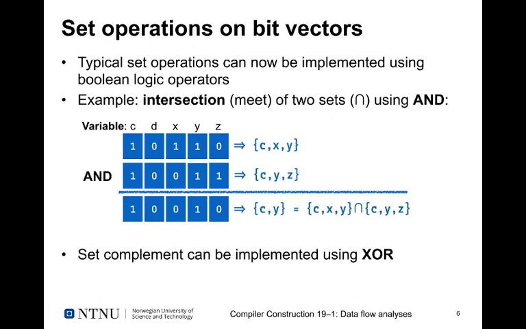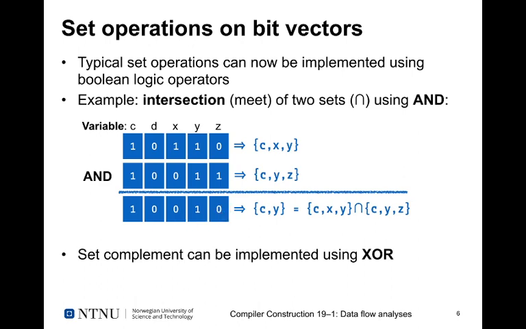We can also do this for the opposite operation, so the intersection or meet operator of two sets. We have implemented join as OR, so conversely AND will be implementing the intersection operator. If we have two sets C, X, Y and C, Y, Z, using a bitwise AND, only those elements which are present in both sets will have a 1 in the resulting set.